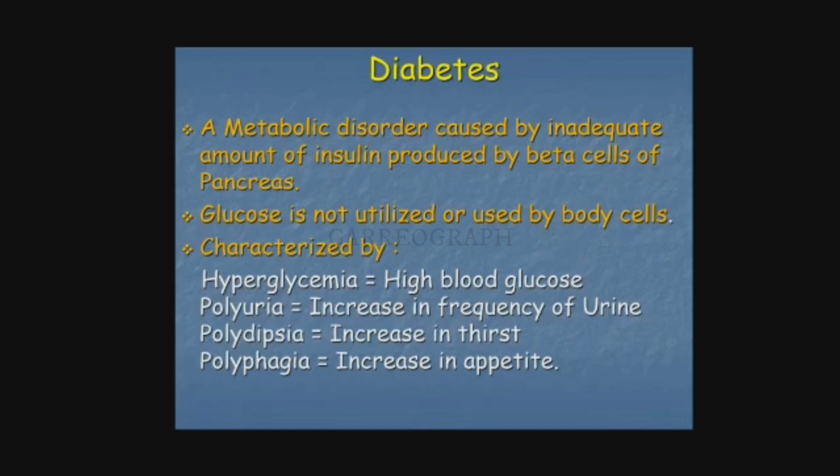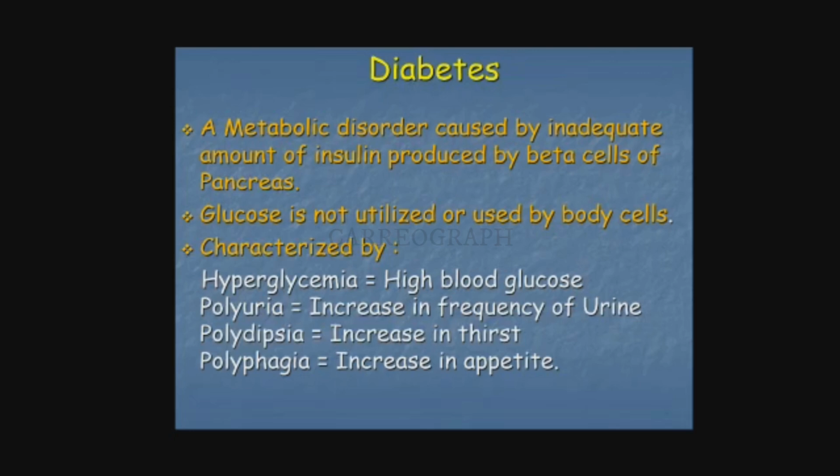This diabetes is also characterized by polyuria. Polyuria is increase in the frequency of urine. This diabetes is characterized by polydipsia. Polydipsia is increase in thirst, and polyphagia is increase in appetite.